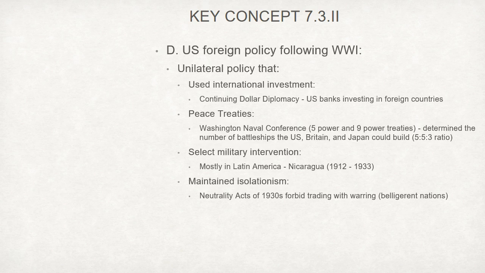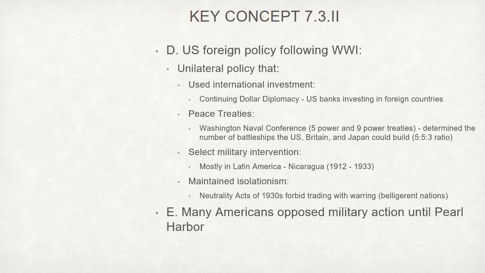Throughout the 1930s, a series of neutrality acts get passed as war within Europe is looking increasingly likely. I should say war in Asia as well, because Japan invades China in 1937. The United States Congress passes three of them, a series of neutrality acts, which forbid trading with warring nations.